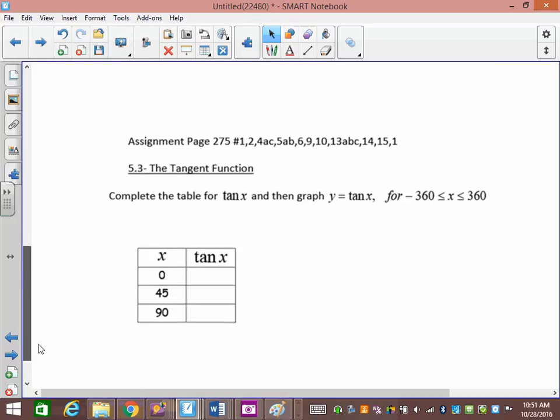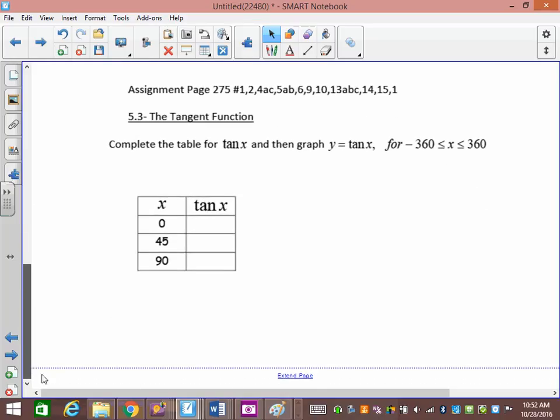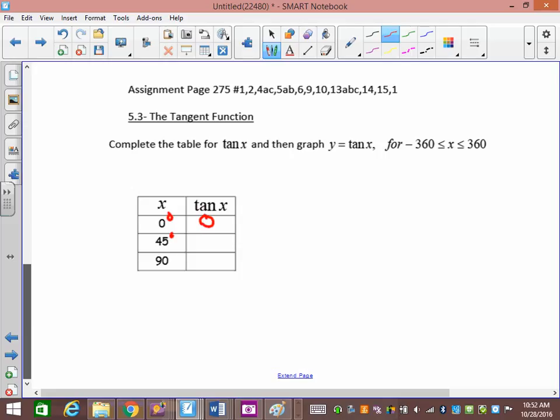Okay. Then I want you to go to 5.3, the tangent function. At 0, tan is 0 because 0 degrees.